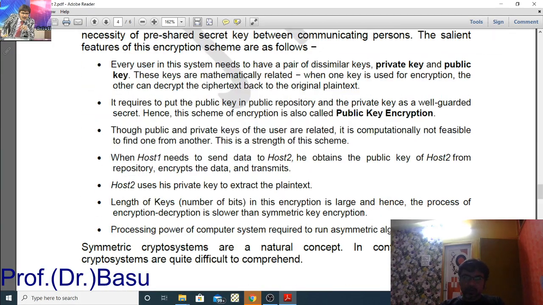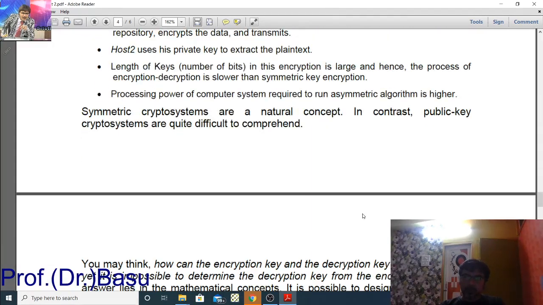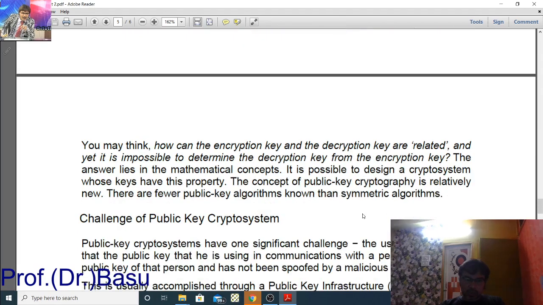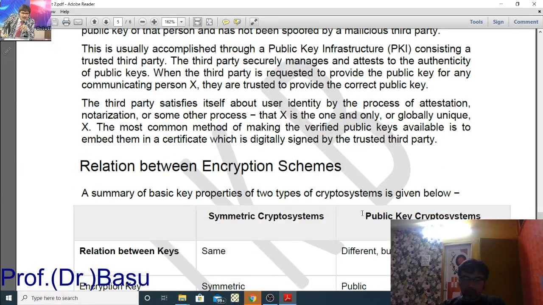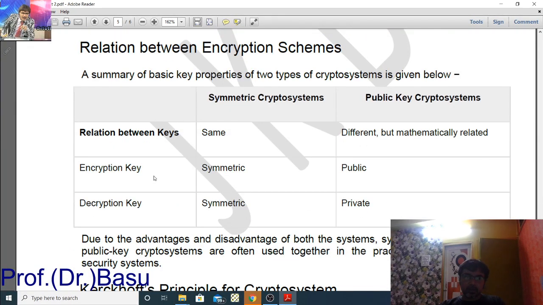Very easy. Once you go through the several points, you will be able to answer things. Challenge of public key system: you will go through this relation between encryption and decryption.